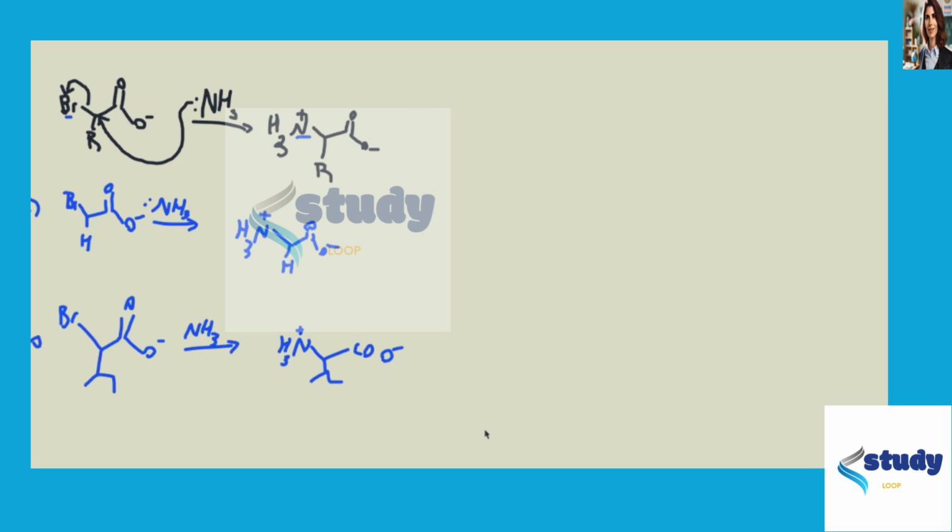And last but not least, in C, we have phenylalanine. So phenylalanine, these amino acids are something that you guys have to kind of remember, use some tricks to help you memorize.